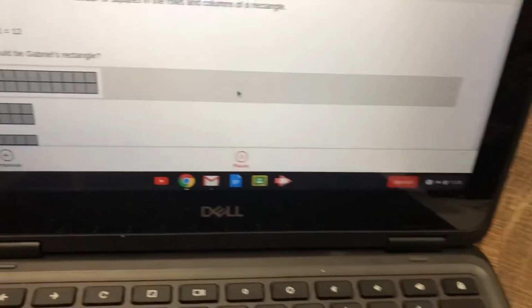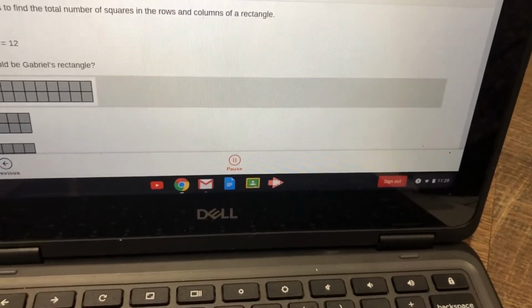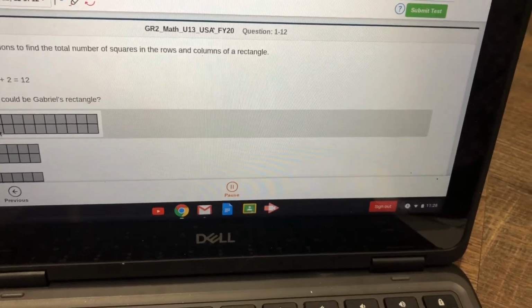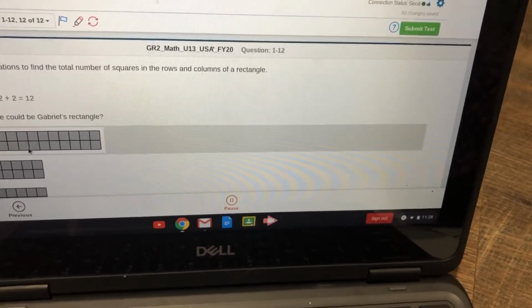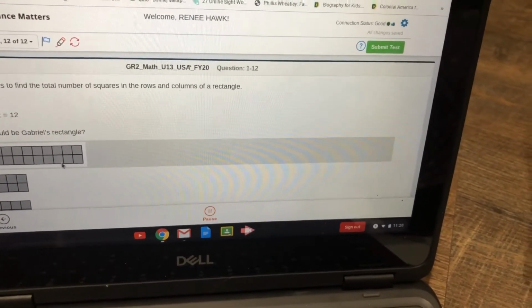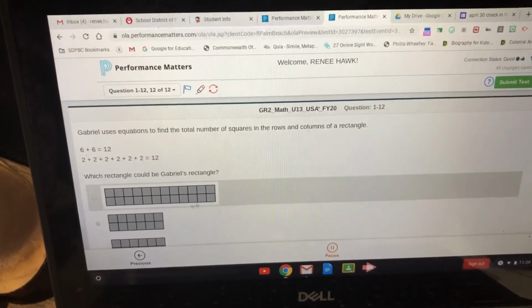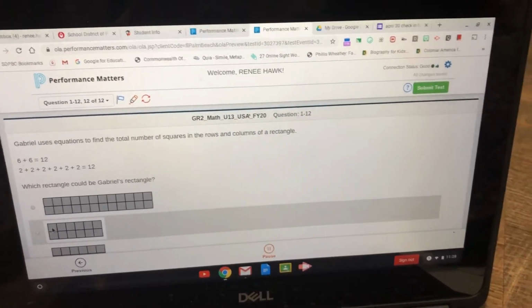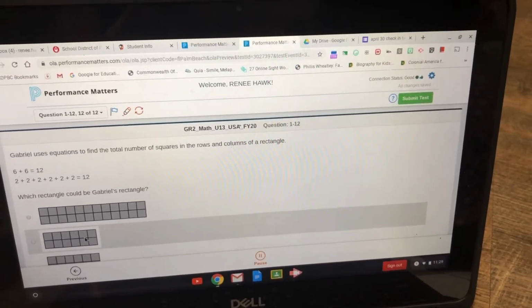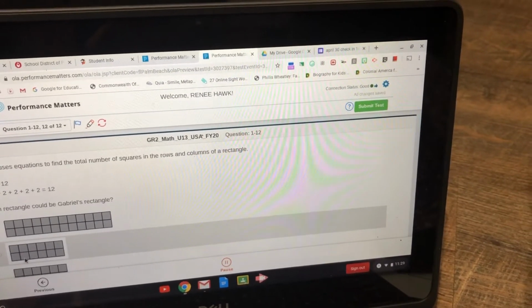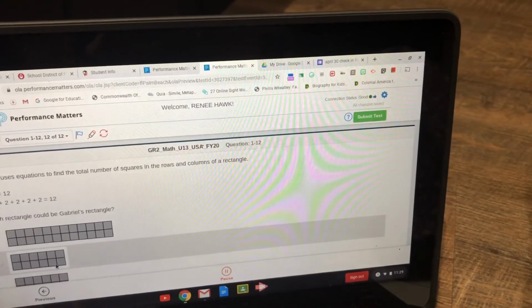Okay, answer choice A has 2 and 1, 2, 3, 4, 5, 6, 7, 8, 9, 10, 11, 12. It has 24. If I counted all of them, it has 24. This one has 1, 2, 3, 4, 5, 6, and 1, 2, 3, 4, 5, 6.